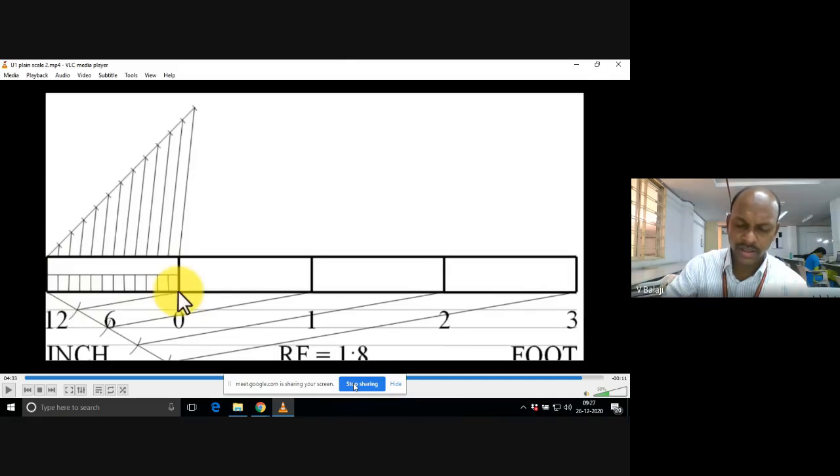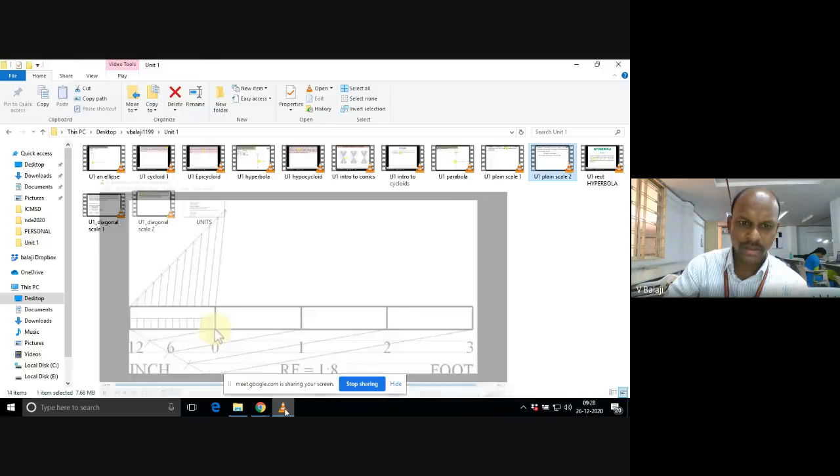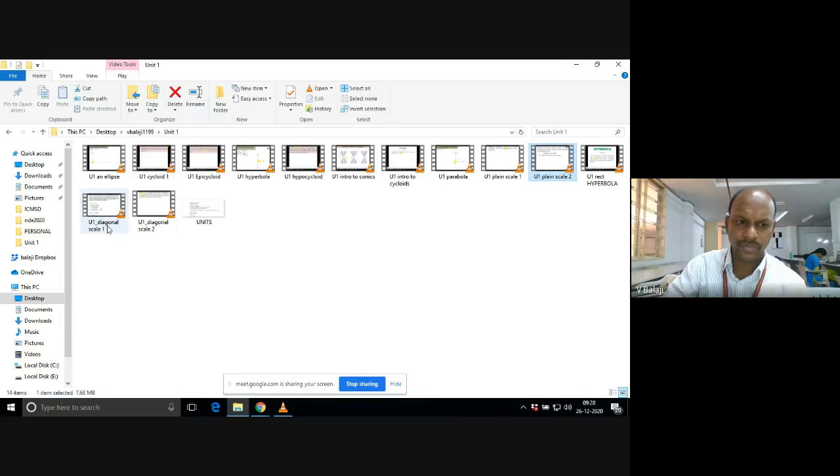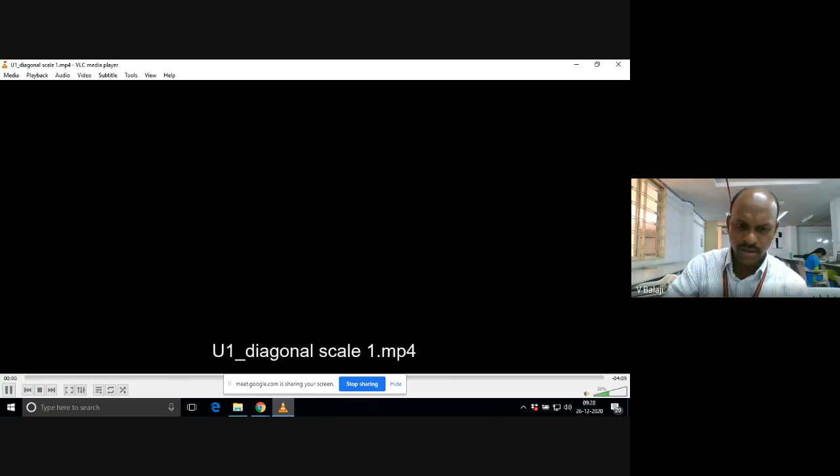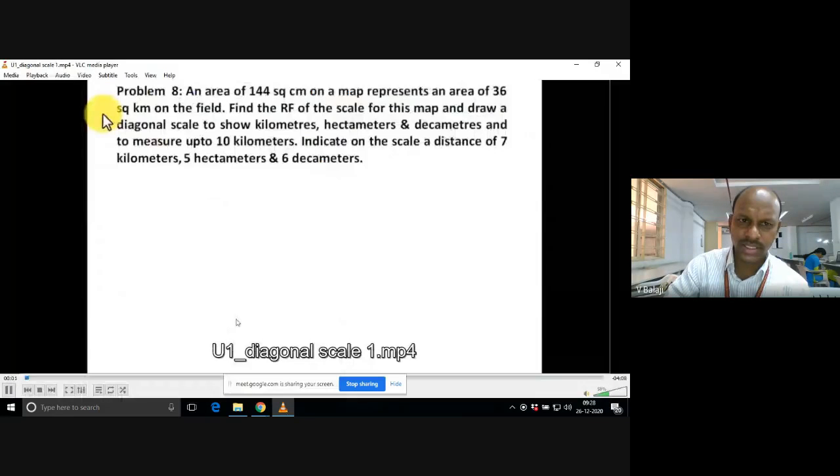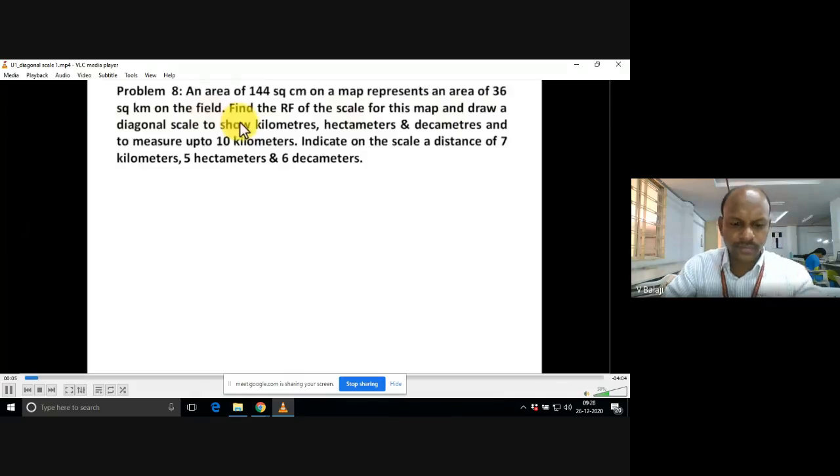Now let us move on to diagonal scale. Are you able to see the screen? Now I'm reading the problem; you read the problem carefully.